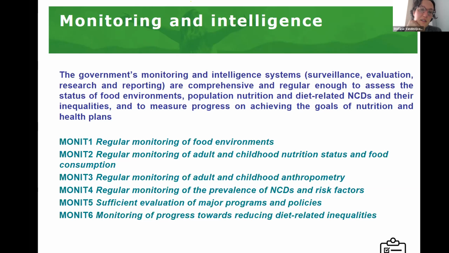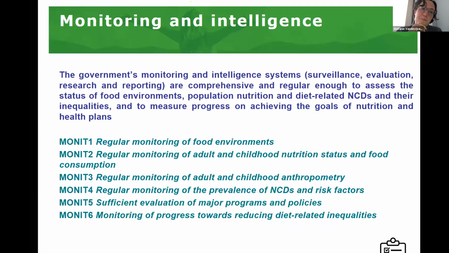And the first indicator is kind of obvious because the index is dealing with food environments, which means ideally we want the government to conduct regular monitoring of food environments, which means foods provided in schools, marketing to children, having good branded food composition data. So it is quite a broad issue, and we do know that there's really not many governments that do this. Usually it's the researchers that apply for funding elsewhere to be able to conduct some of this work.